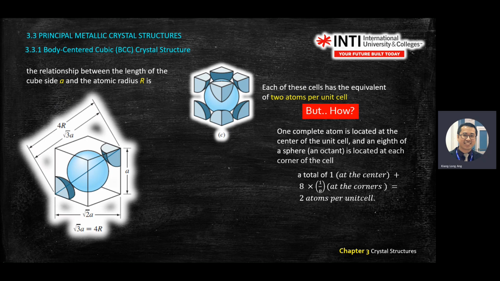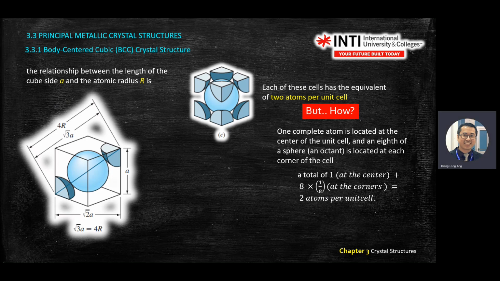Okay, once you chop, what is the distance of the cube? It is A. What is the atom radius? I use capital R, but you can also use small r. This is R. One complete atom, how many R do you have? 2.